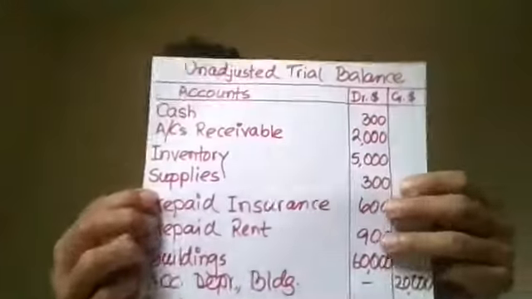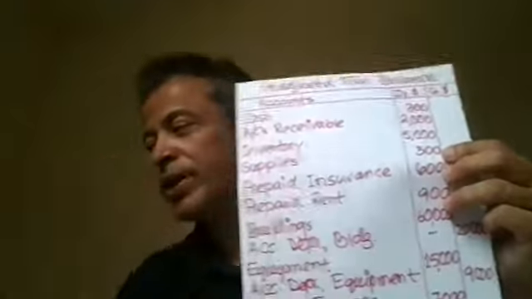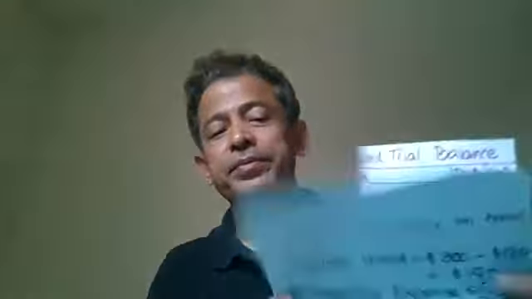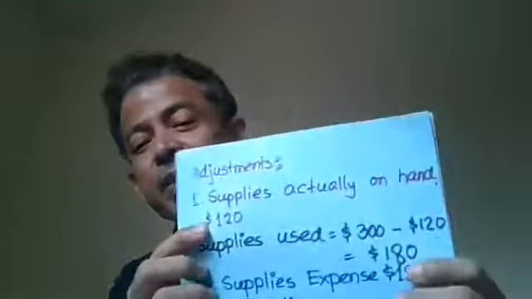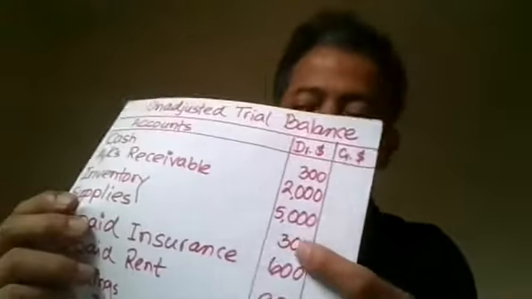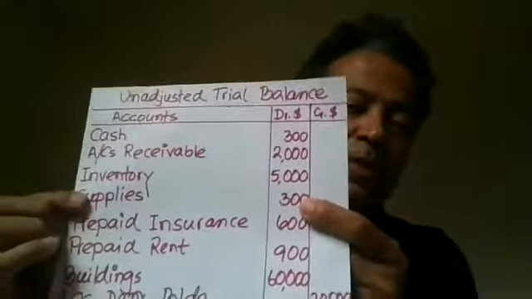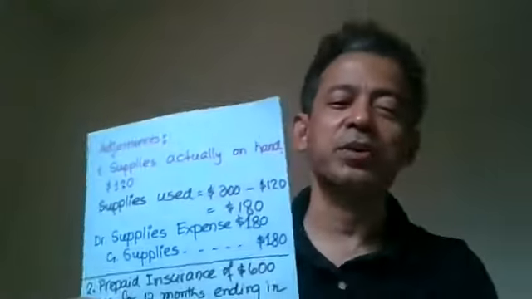So let's start with supplies. You can see supplies here is how much? $300, isn't it? And then we are told the supplies actually on hand. We thought we had supplies of $300, and then it turns out that we don't have $300 worth of supplies.